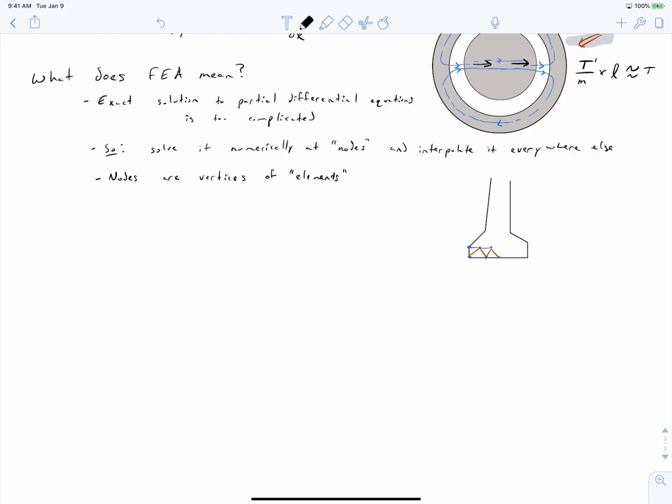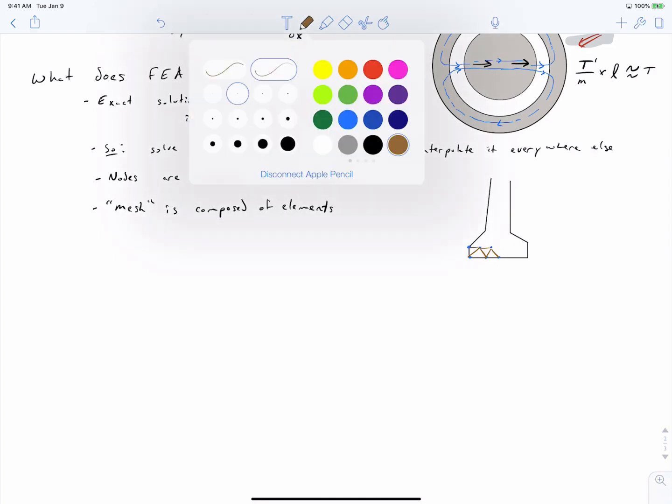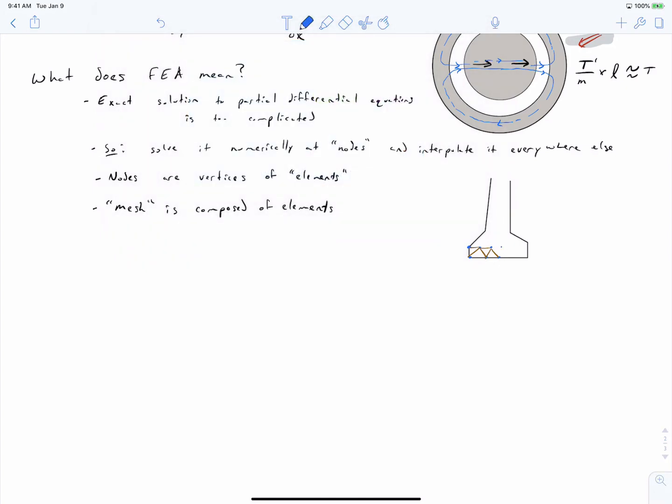So this brings us to our next point, which is that the mesh of an FEA solution is the set of elements that you place in it. And so what I'm doing right now, when I'm placing these nodes on here and then turning them into elements, is I'm meshing this geometry. The act of meshing is placing the elements, and that defines where the vertices are.